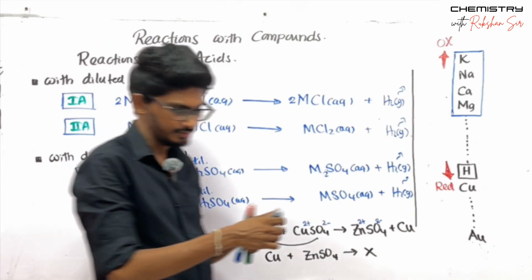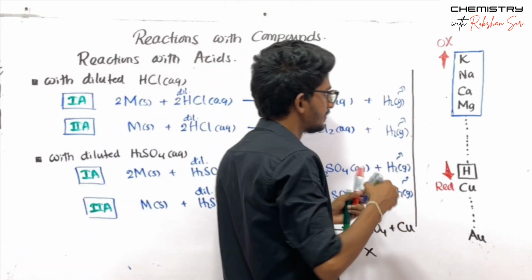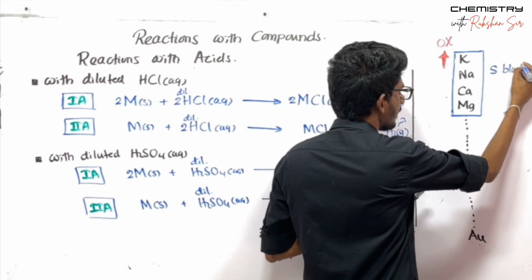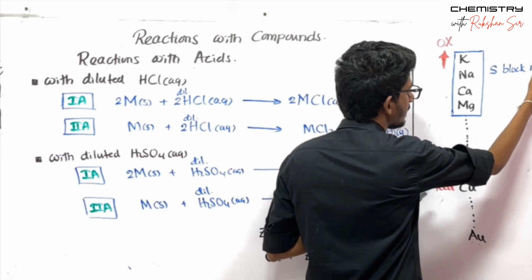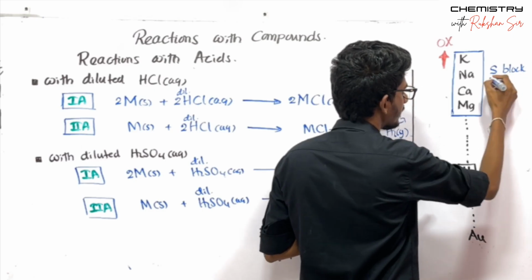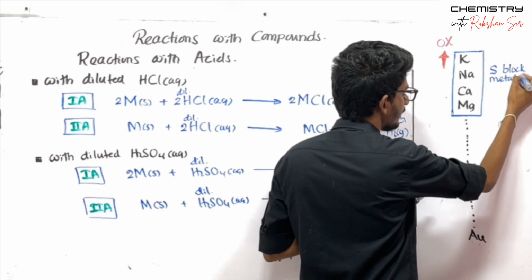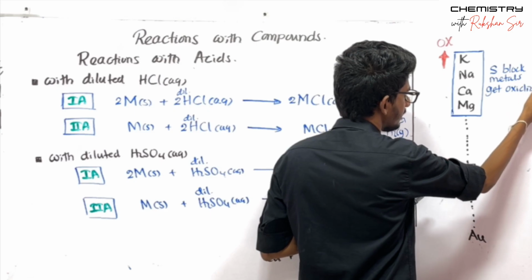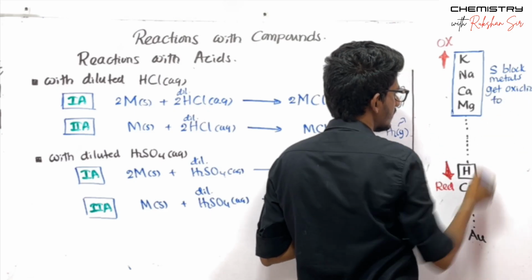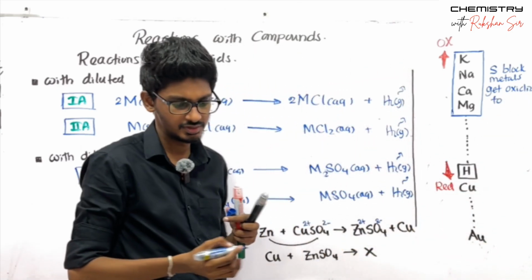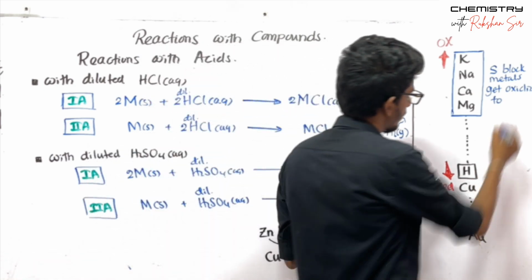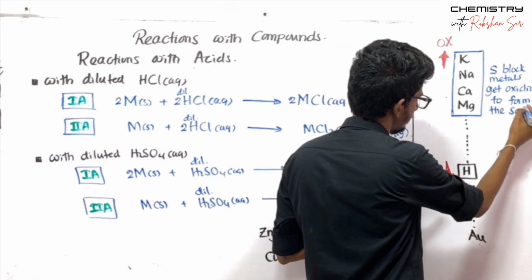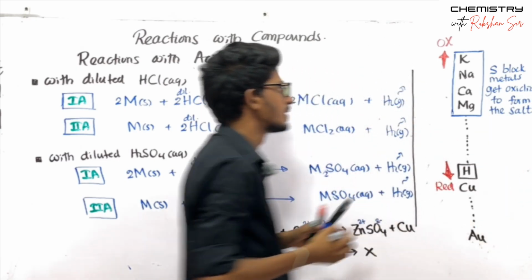So in these reactions, S block metals get oxidized to form the salt, right?